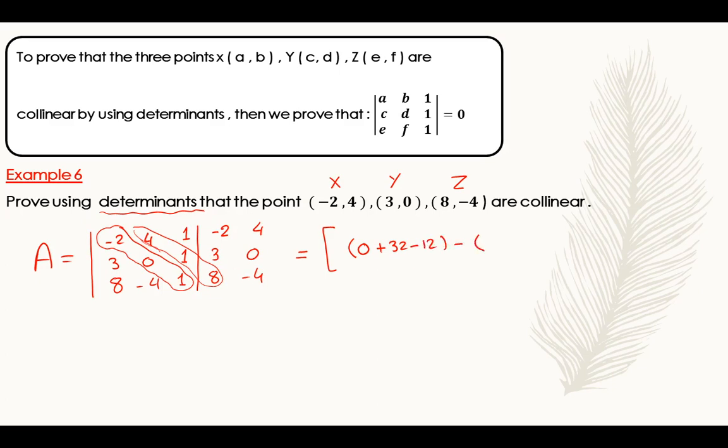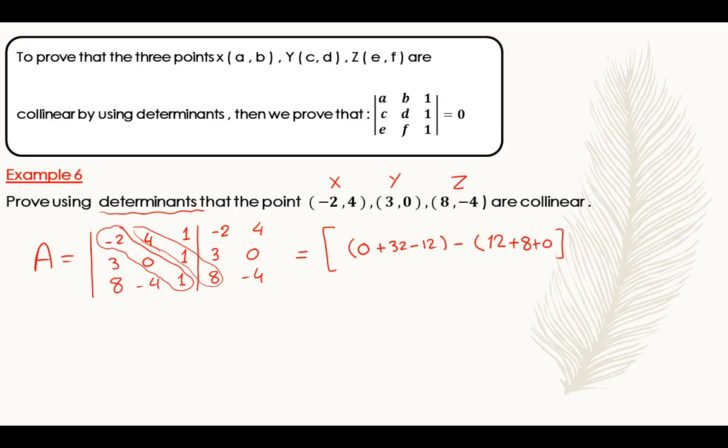Minus the right diagonals, 4 times 3 times 1, it will be equal to 12, and negative 2 times 1 times negative 4, it will be positive 8, and the last one, 1 times 0 times 8, it will be equal to 0.